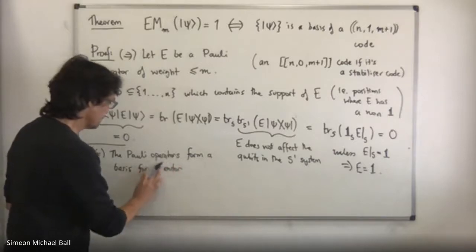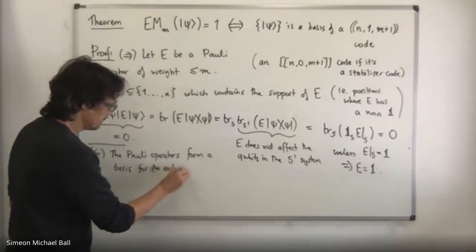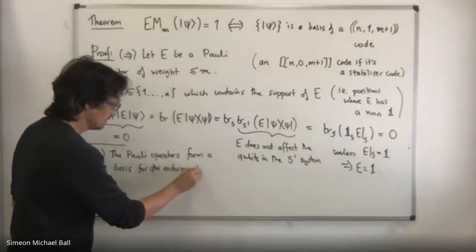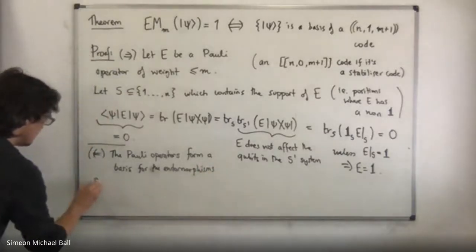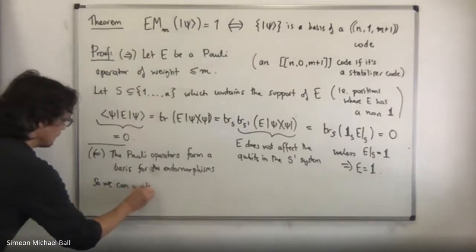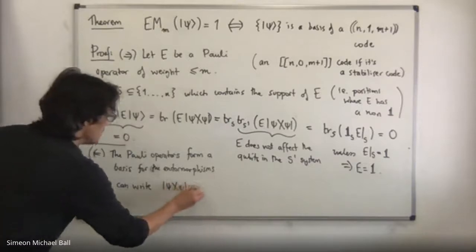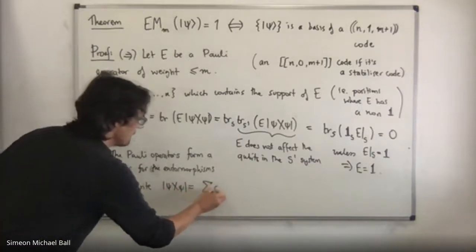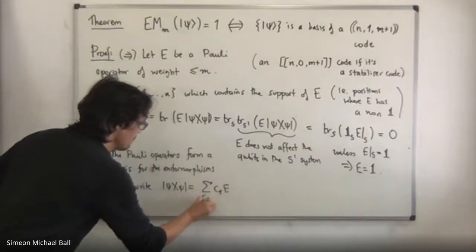So our psi is going to be the sum over some constant C_E times E, where the sum is over all Paulis.